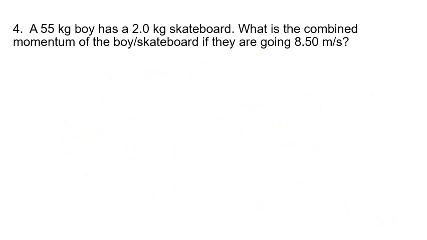So here we've got a boy on a skateboard, and he's riding on the skateboard. What's the momentum of the boy and skateboard together if they're going 8.5 meters per second? Well, once again, it's the mass times the velocity. But now we've got the mass of the boy and the mass of the skateboard together.